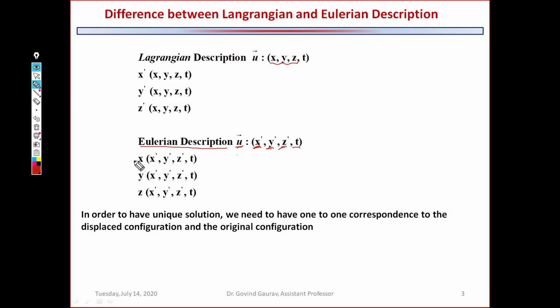So in such a case the x coordinate is referred with respect to the deformed configuration, which is x dash, y dash, z dash and t.